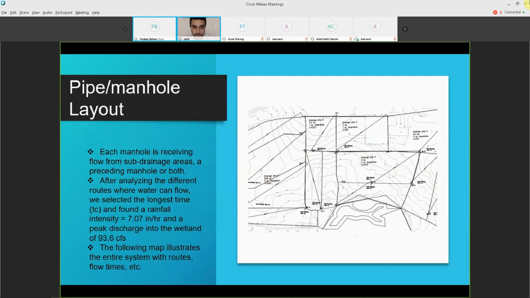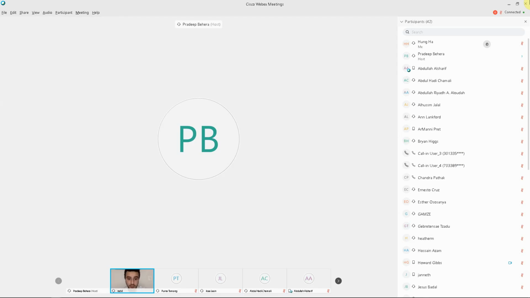Finally, this is our main pipe and manhole layout. Each manhole receives a flow from a sub-drainage area.